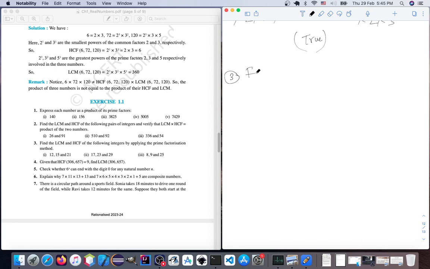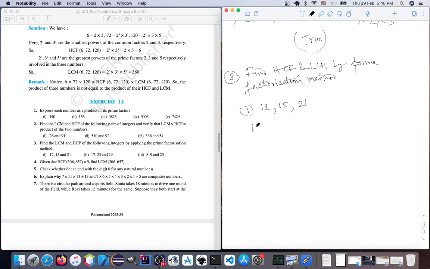Find HCF and its LCM by prime factorization method. So, the given numbers are 12, 15, 21.